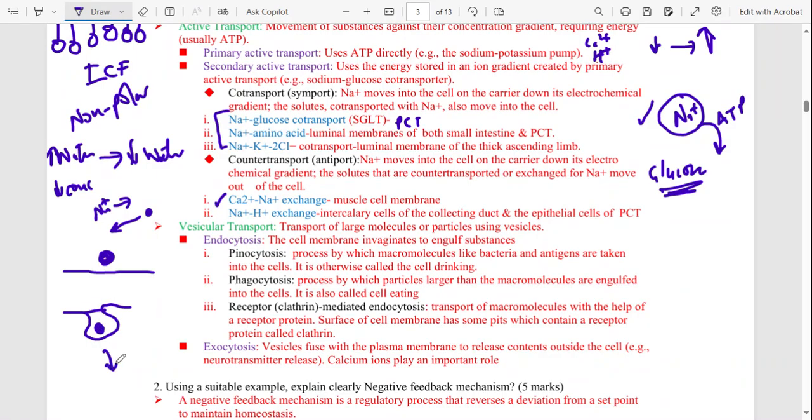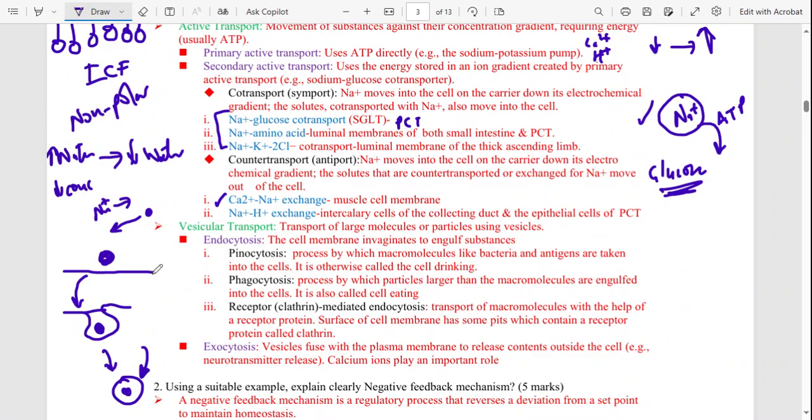And then it will break off from the cell membrane, and then the bacteria is inside. We call this thing that has formed an endosome. This endosome can fuse with a lysosome to form what we call a phagolysosome, and then the bacteria is going to be broken down. One like this, which I've described, we call phagocytosis or cell eating.